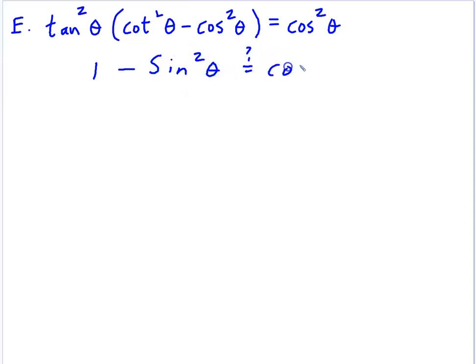And the goal is to see if that equals the right side. If you think back at your very first Pythagorean identity, that's basically what it says. Sine squared plus cosine squared equals 1. So if you do 1 minus sine squared, you get cosine squared.